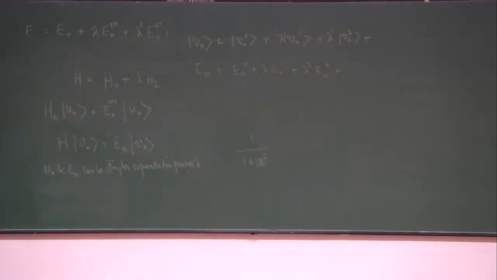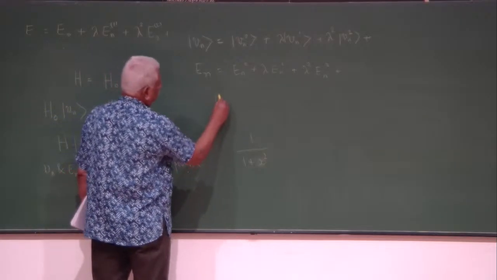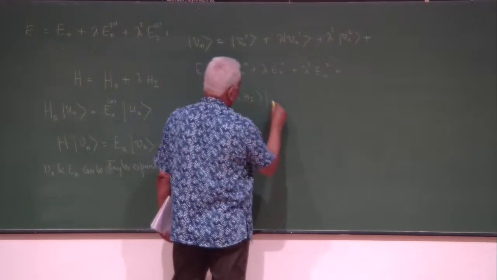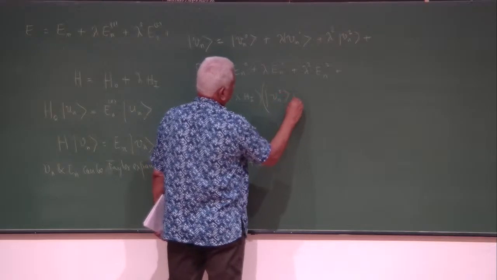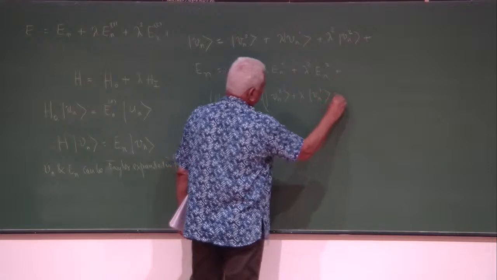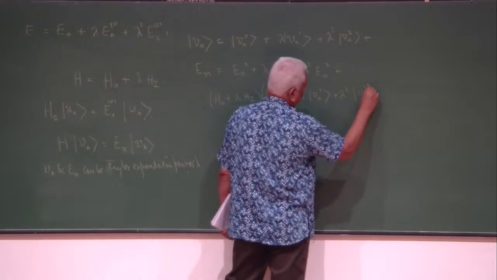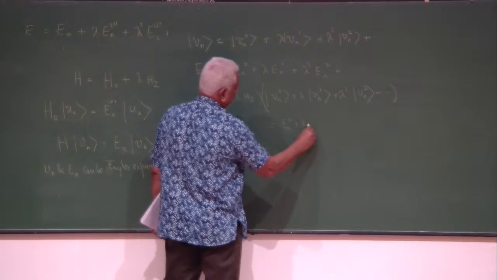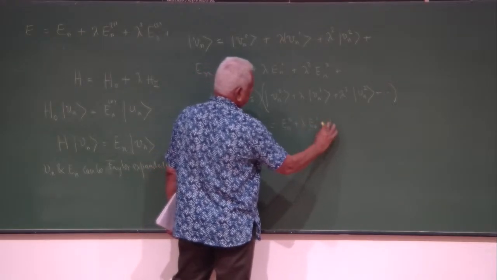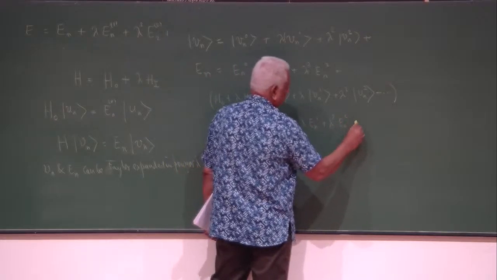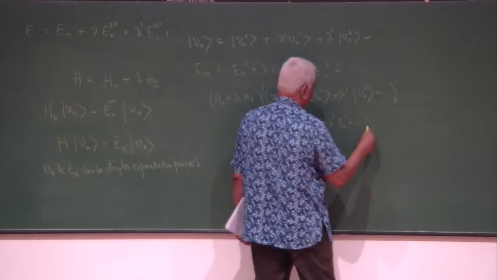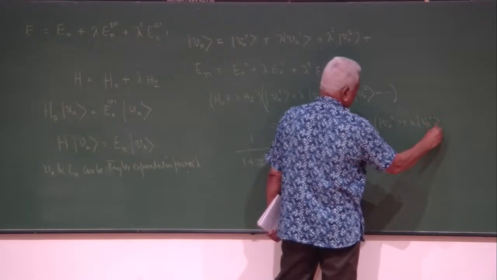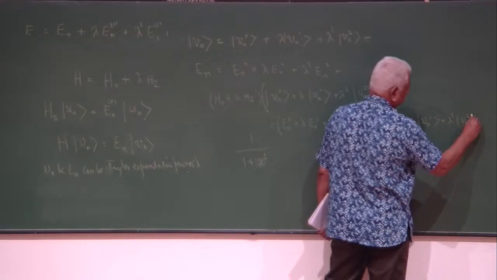Okay, I substitute now. So H, which is H naught plus lambda Hi, acting on Vn, I will write as a series Vn0 plus lambda times Vn1 plus lambda square times Vn2, I will write only up to this and then put dot dot dot, is equal to En0 plus lambda En1 plus lambda square En2 plus dot dot dot, and again this whole thing times Vn0 and then lambda Vn1 plus lambda square Vn2 and so on.